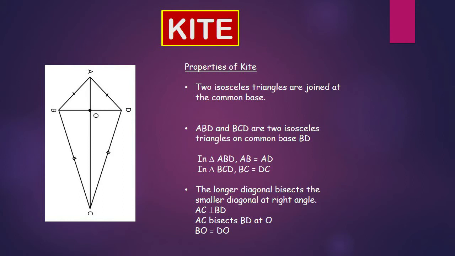BC is equal to DC as triangle BCD is an isosceles triangle. One more special property of kite is about its diagonal. Now here the two diagonals of kite are unequal. The longer diagonal bisects the smaller diagonal at right angle. So in this figure, AC bisects BD at O, making the angle 90 degrees. So we can say here BO is equal to DO.